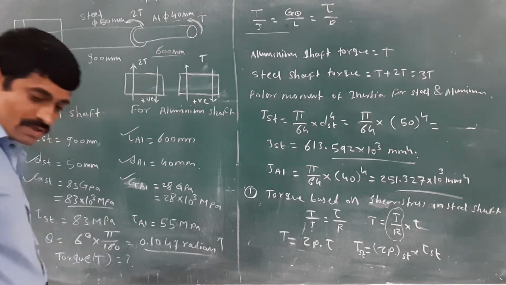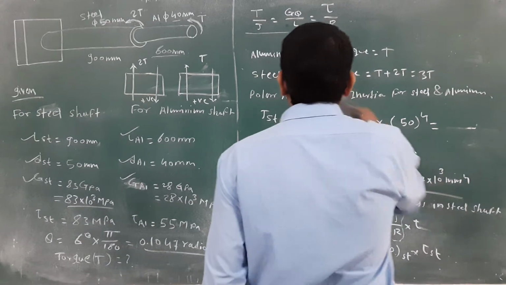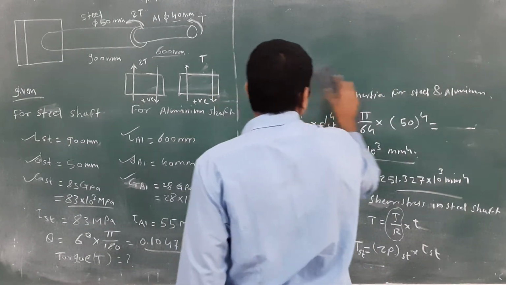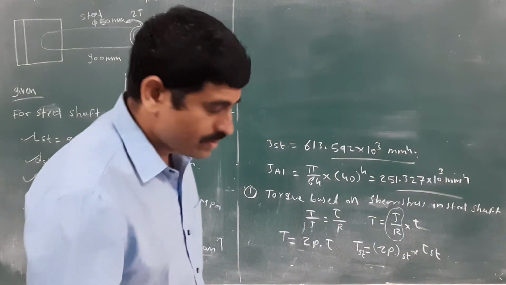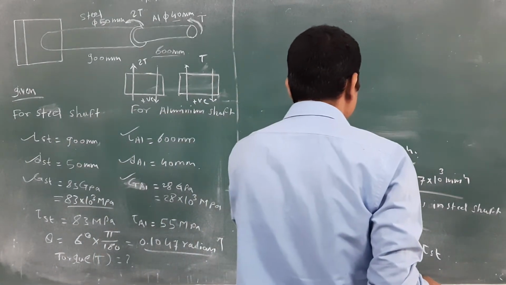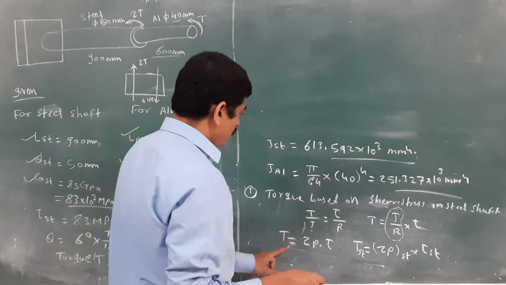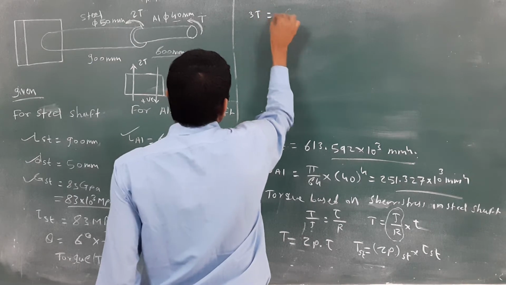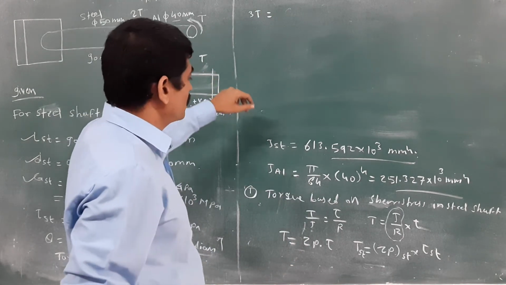Okay, what is the value of ZP? You know the relation. We have calculated that relation. Yes, anybody tell me that relation? Do you know that relation, T is equal to ZP into tau? Then I will put the value. What is the T for the steel? There is a 3T. We don't know the value. Here we will get the 3T.